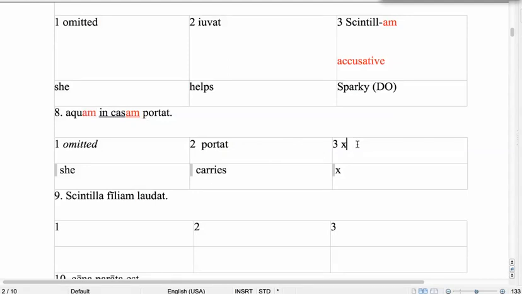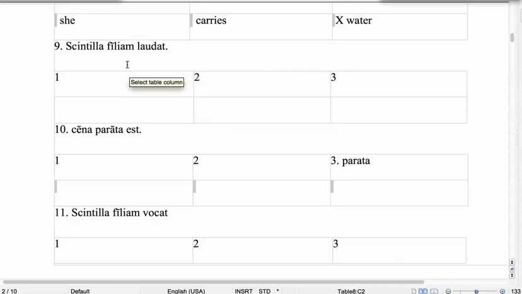So aquam is what she carries. Aquam, water. Number 9, scintilla ends in a short A. Filiam ends in am, and laudat ends in a t. So to do this another way, I could say praises Scintilla, I'll just translate it for you, and you can put the her, understand, daughter.